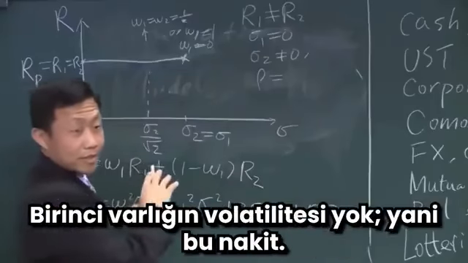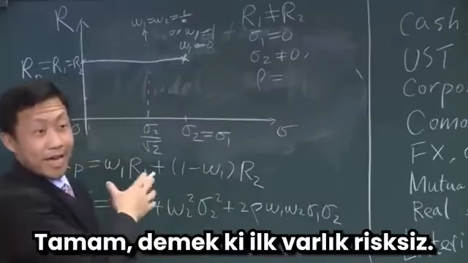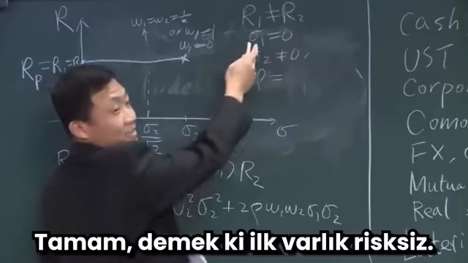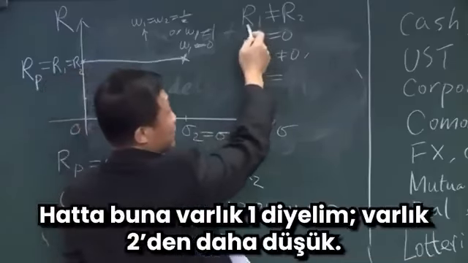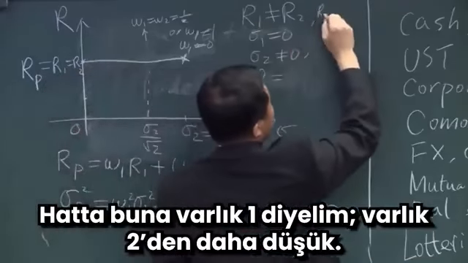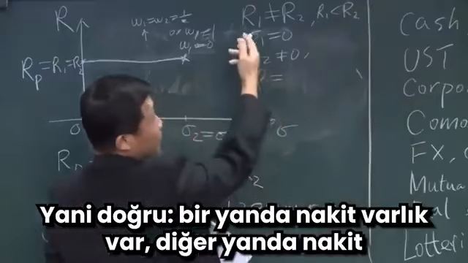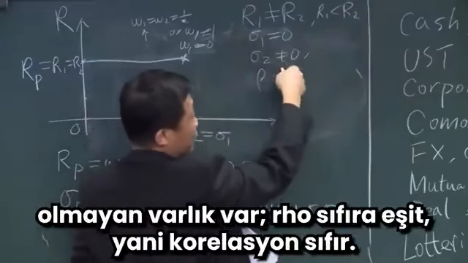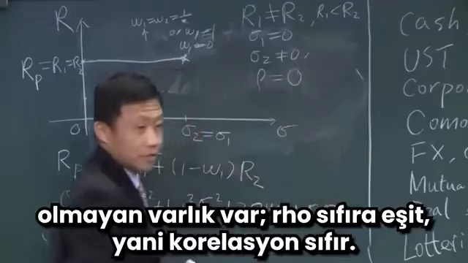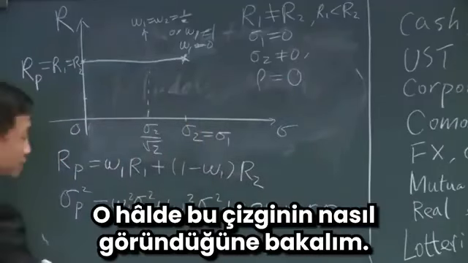There's no volatility of the first asset. So that's cash, a riskless asset in the first one. So let's even say R1 is less than R2. You have the cash asset, then you have a non-cash asset. Rho equals 0, zero correlation. So let's look at what this line looks like.